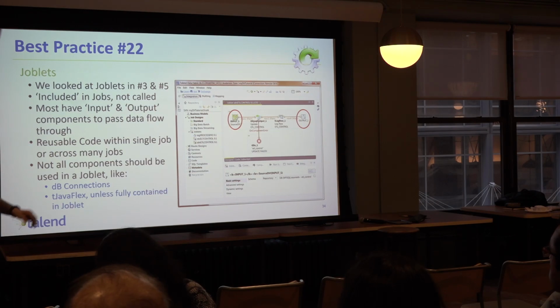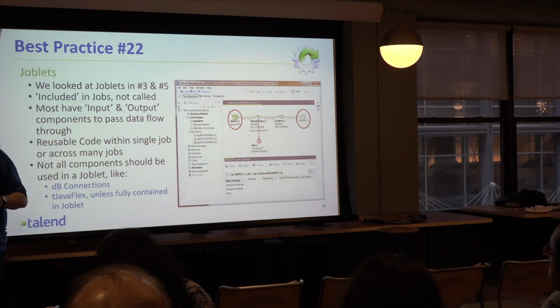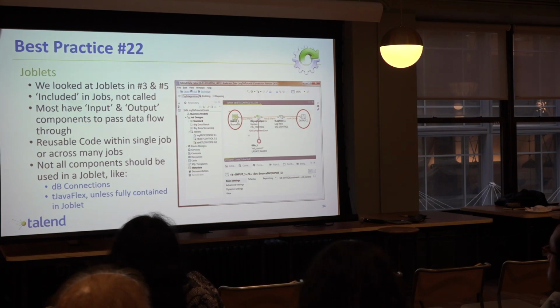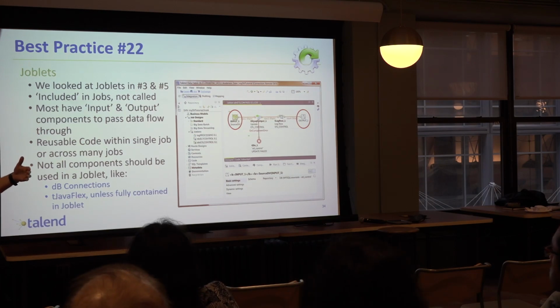Now here, this is cool. This example is handling data structures. You can also have input for a trigger and output for a trigger, which means you can say on subjob OK, invoke this joblet and let it do something and spit out data. So you can mix and match whether you're using trigger-based or data-based inputs or outputs.